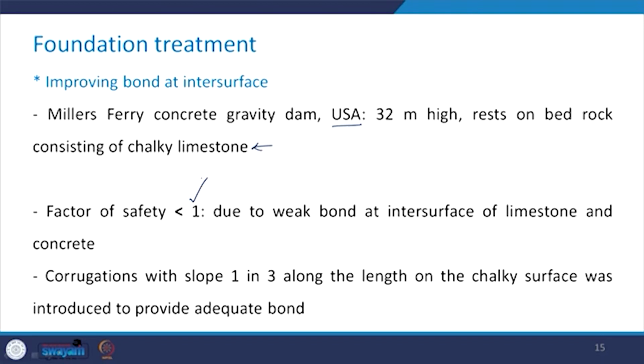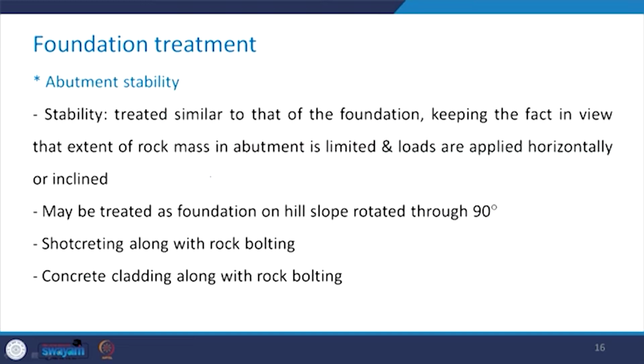So what was done in this case is that corrugations with the slope of 1/3 along the length on the chalky surface were introduced, and this provided the adequate bond at the interface of limestone and concrete, and thereby it enhanced the factor of safety, which was earlier less than 1. Till now we discussed the foundation treatment.